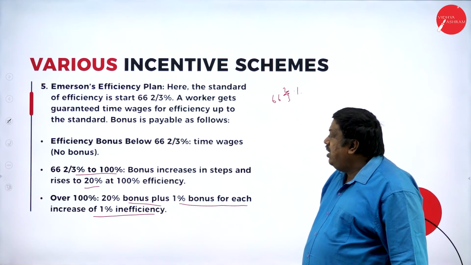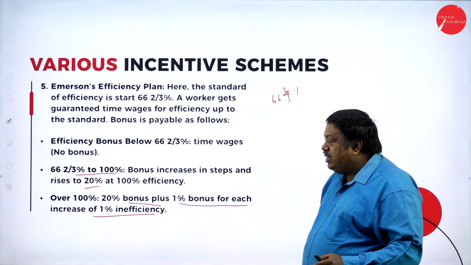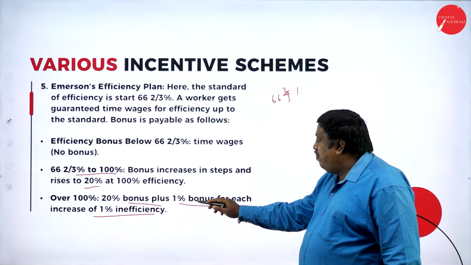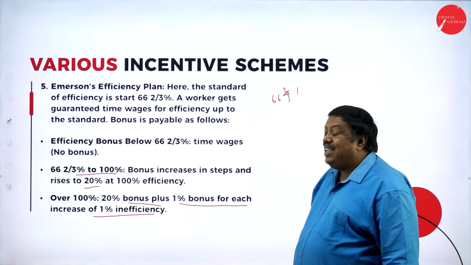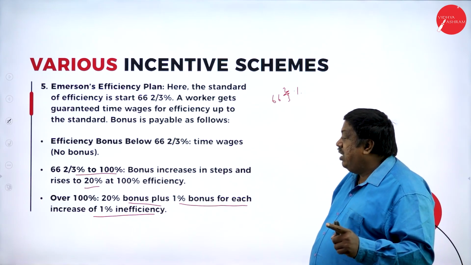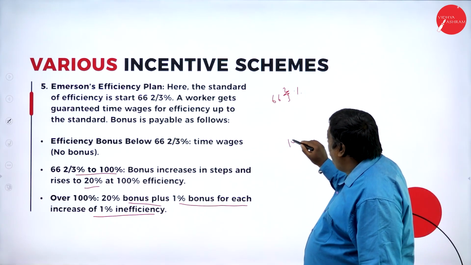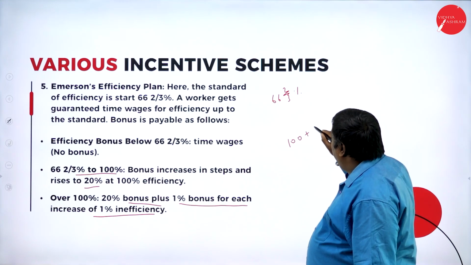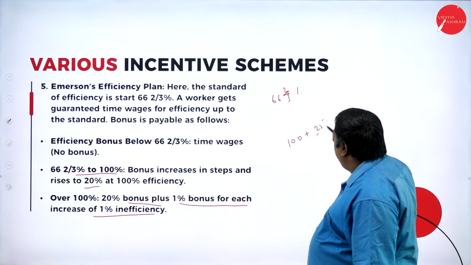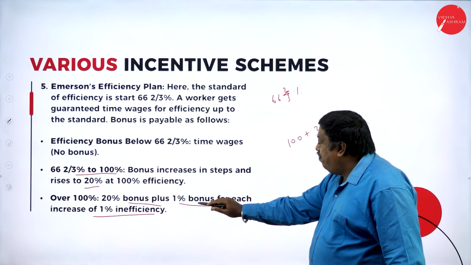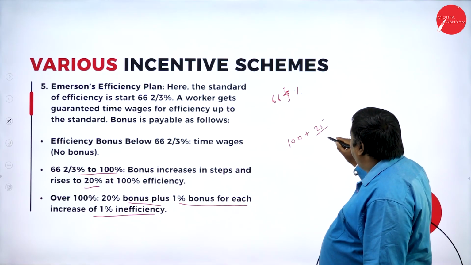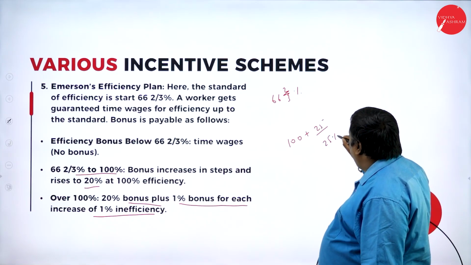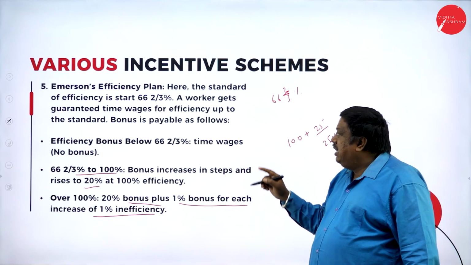Means if I work at 100 plus 25, I'll be getting an additional bonus of 1% for each efficiency point, meaning 25% additional bonus in this case.